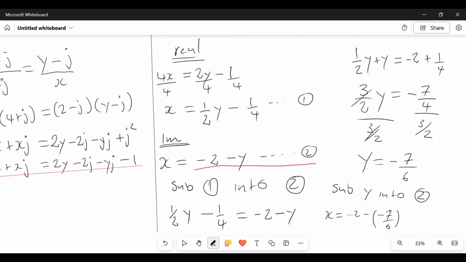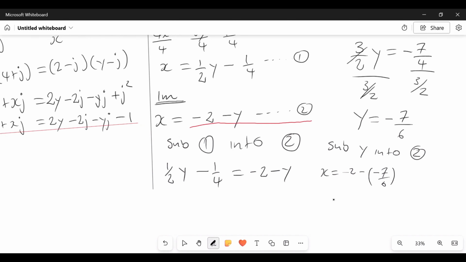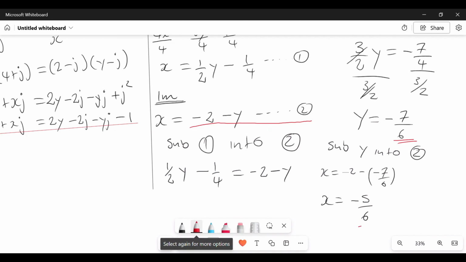And then our final answer, x, is going to be negative 5 over 6. There we go, guys. Here are our answers. We have y there and we have x there. So this is how you're supposed to calculate your x and y, guys.